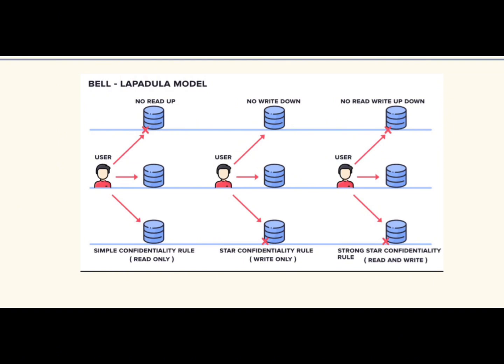There are key rules of the Bell-LaPadula model, as you can see in this image: simple confidentiality rule, star confidentiality rule, and strong star confidentiality rule. We will discuss all those rules one by one.